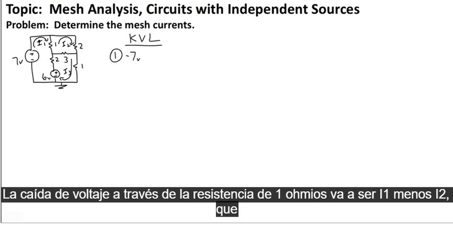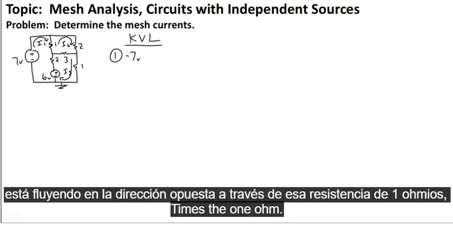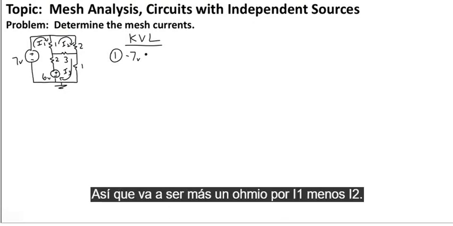The voltage drop across the 1 ohm resistor is going to be I1 minus I2, which is flowing the opposite direction through that 1 ohm resistor, times the 1 ohm. So it's going to be plus 1 ohm times (I1 minus I2).